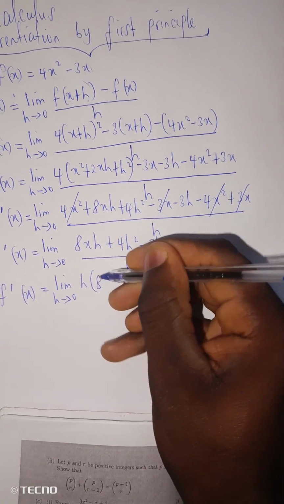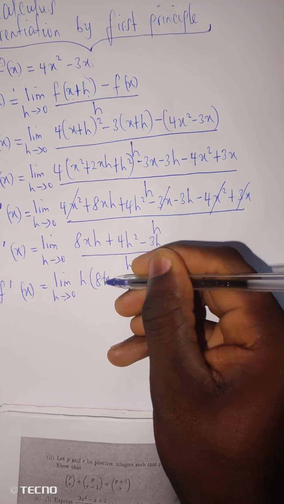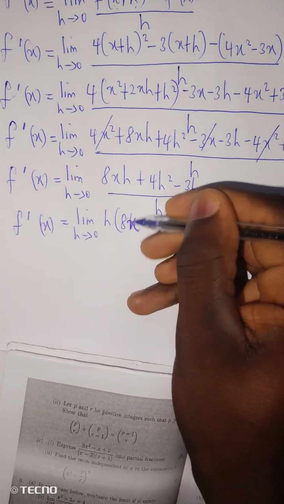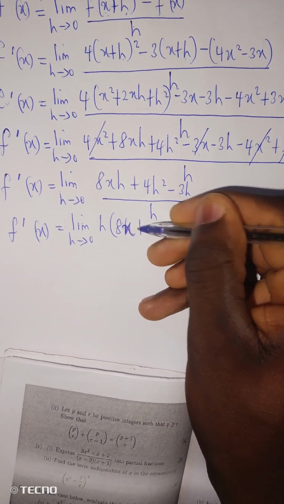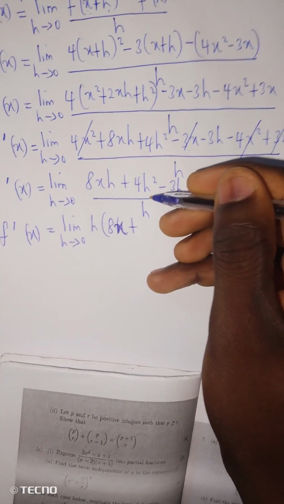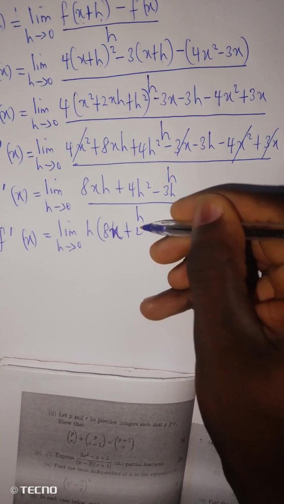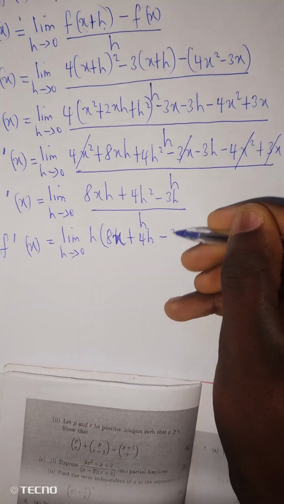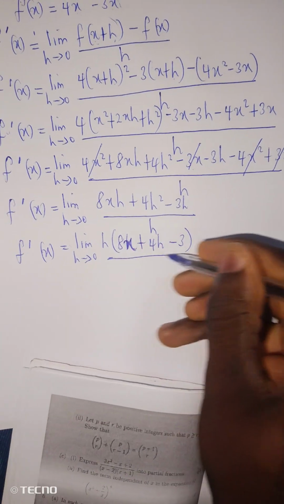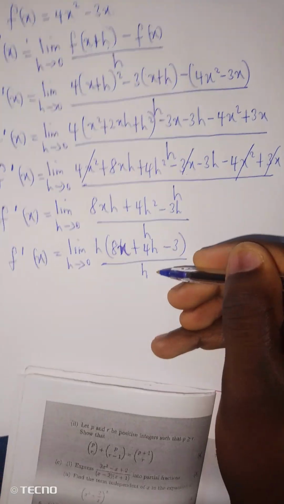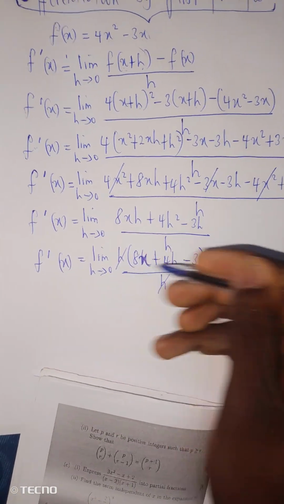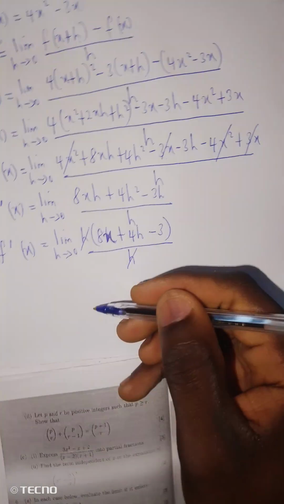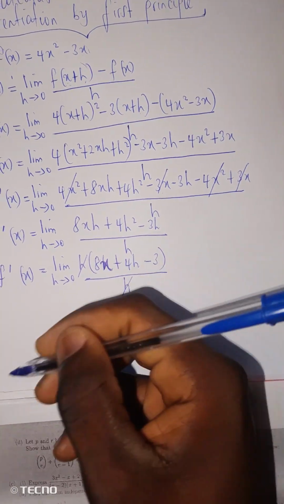I'll remain with 8x there, okay, then plus, I'll factor out h, so I'll remain with 4h there, then minus, I've factored out h, so I'll remain with 3 there, then over h. So this h and that h can divide, and that will give just 1. H into h, that is 1.